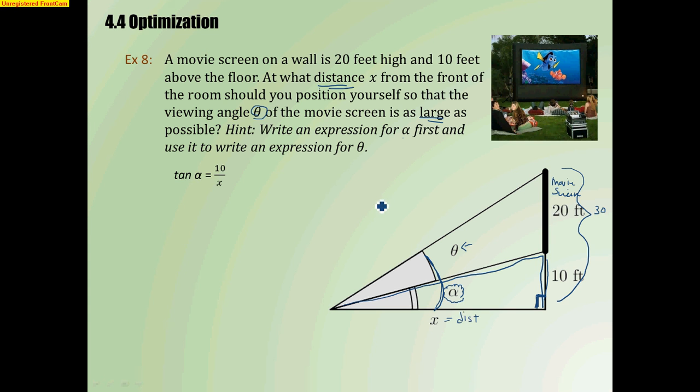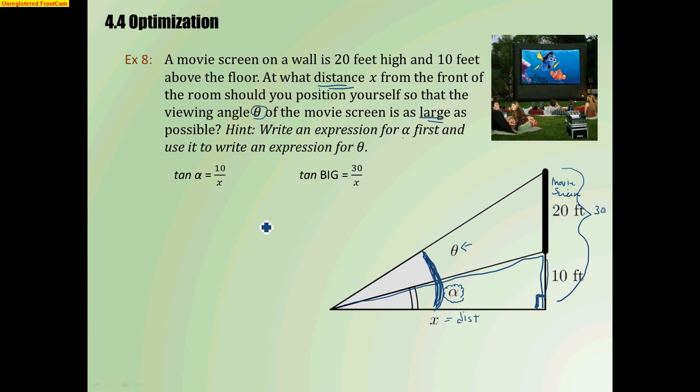Now, do you agree that tangent of the big angle that I'm also not interested in, really, is not 10 but 30 over that same x? True? You see where I'm going here?